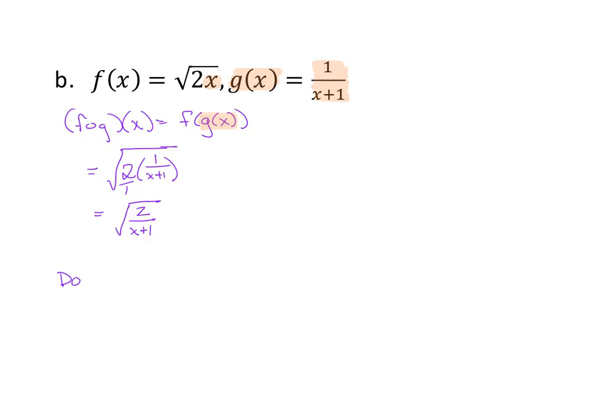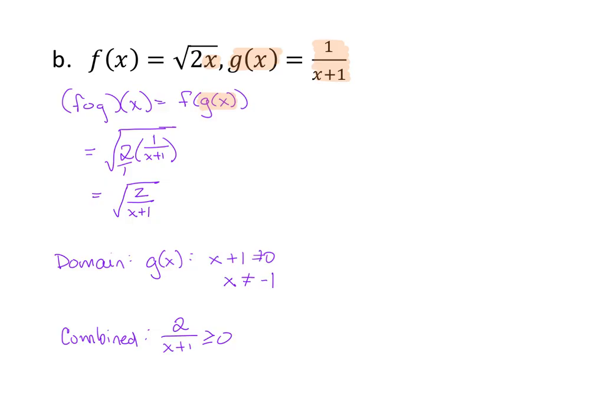So for our domain, if we look at the original function, we cannot have a denominator of 0. And so if we go ahead and solve this, we get x is not equal to -1. Now, if we look at our combined function, the inside of our combined function has to be greater than or equal to 0.